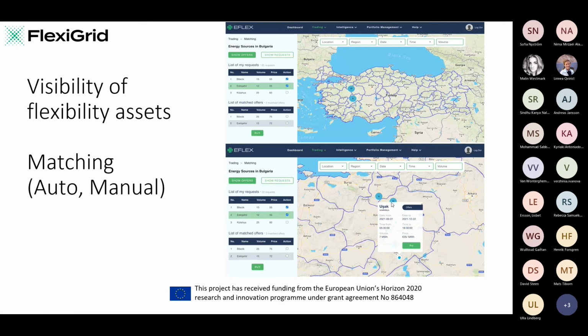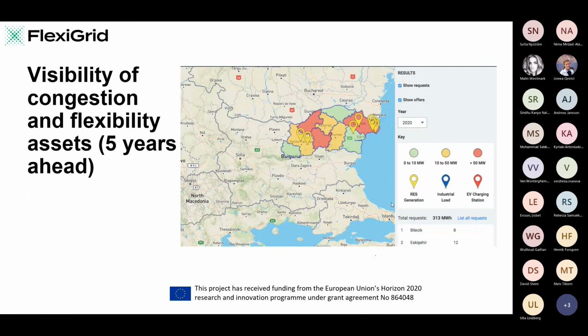We can also visualize even 5 years ahead the congestion and the level of need, to support not only the buyer but also the seller in order to define the portfolio, but also the planning for the trading strategy.